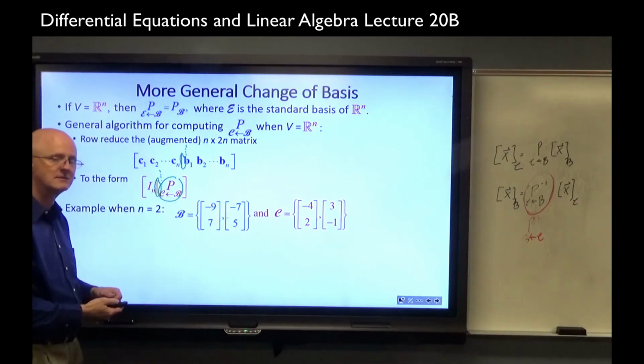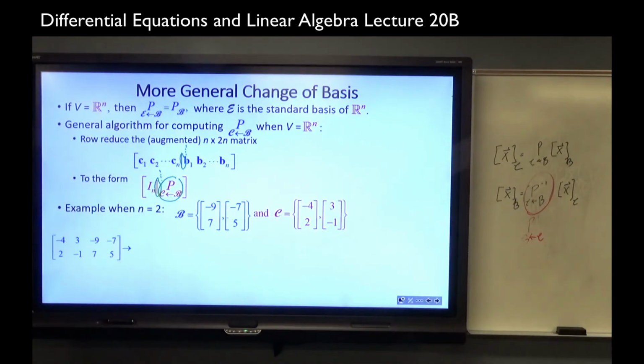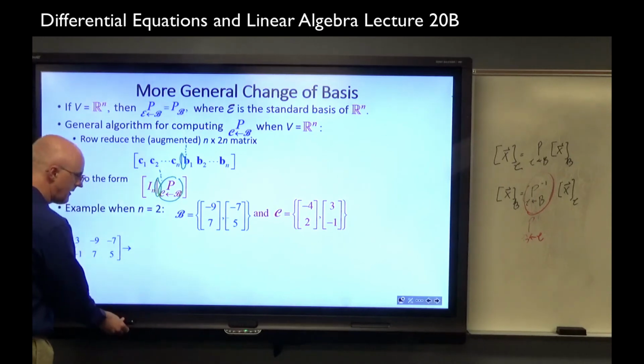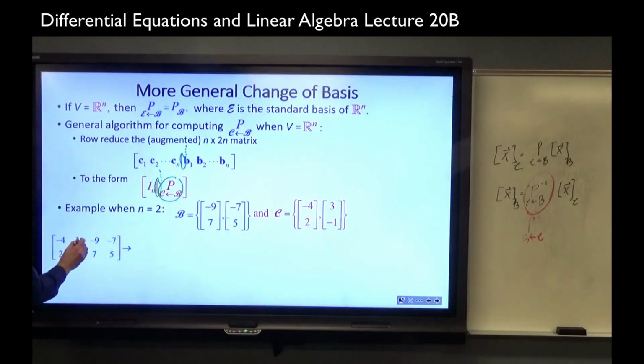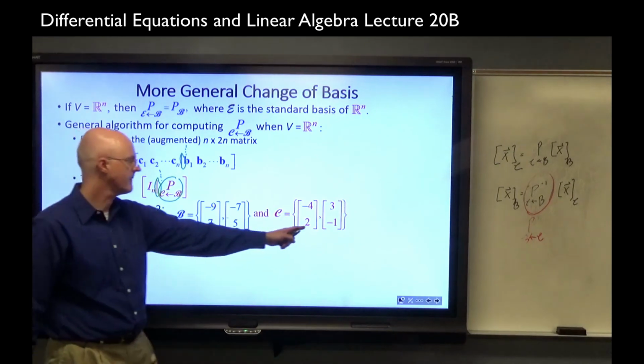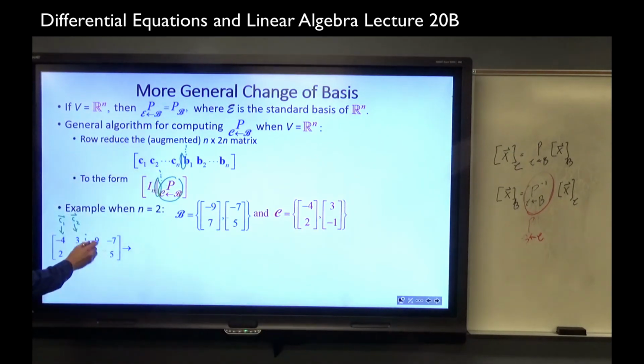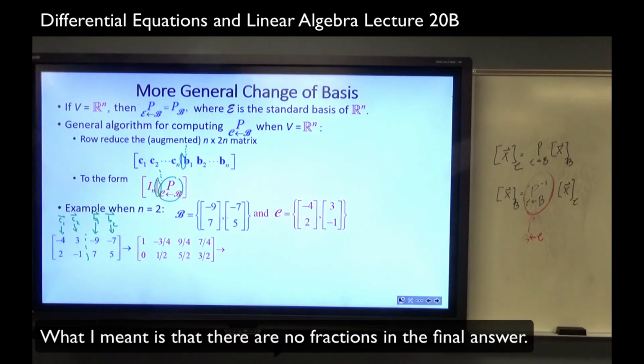What is this matrix? Let's do the algorithm here. So I've got my augmented matrix here. Notice these are the C vectors, C1 and C2. C is right there. And these two are the B vectors, B1 and B2. And this example works out nicely to not bother with fractions. Here's the first step of the row reduction. You should take the time to check that.